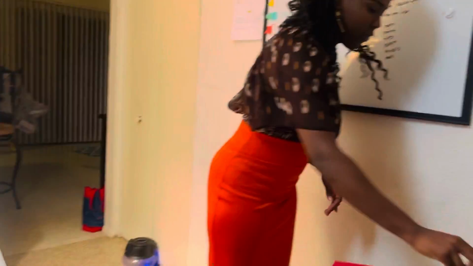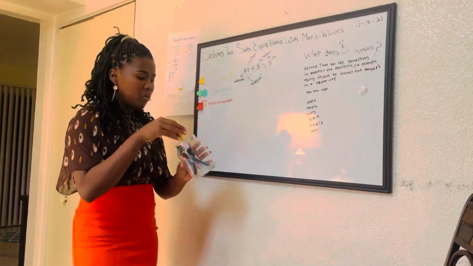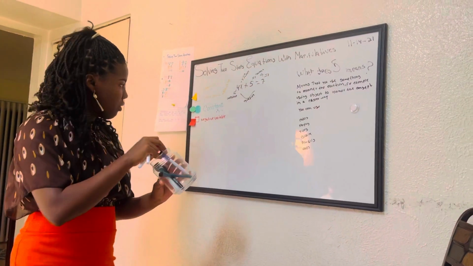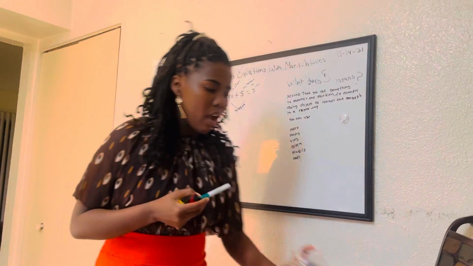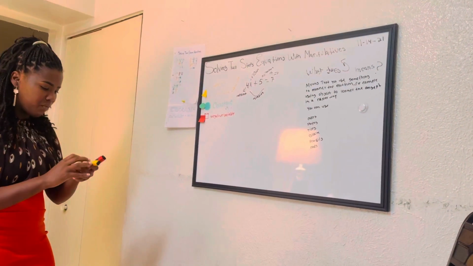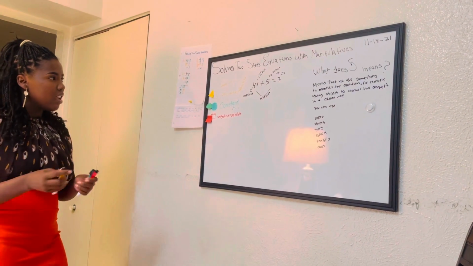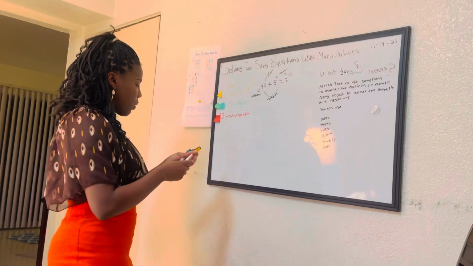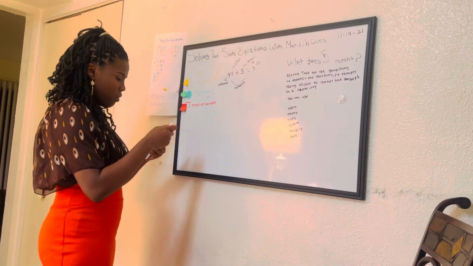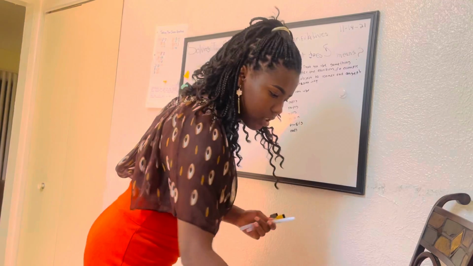So, the first thing we're going to do is our first question. Any questions so far? No. Good. So, let's solve the equation. First thing we're going to manipulate. We're going to get the black one.